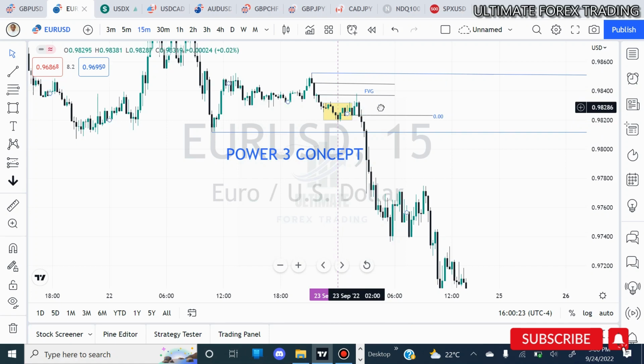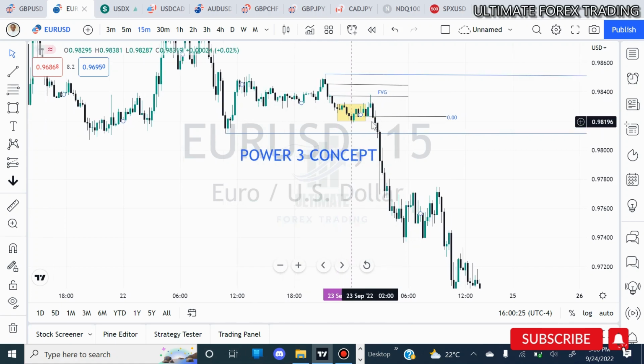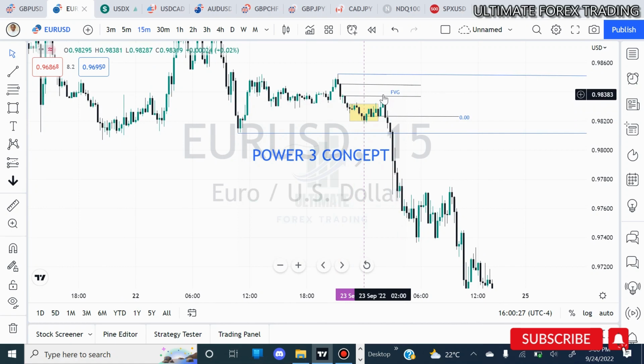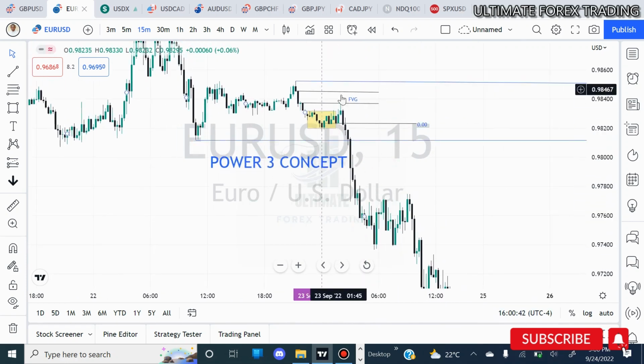I know that if I enter maybe here, I'll have to put my stop loss here, but I feel sometimes that it is not protected. What if price still come into this fair value gap? It would have pulled me out before it continue moving in my direction. That is why normally I don't like entry when price has already moved on.